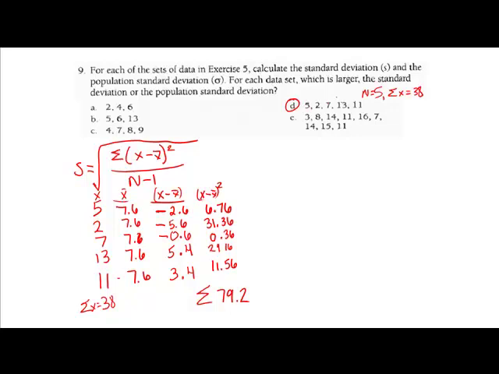I think I'm ready for my equation. So my sum of x minus x bar squared is 79.2 divided by n minus 1, so 5 minus 1 is 4. 79.2 divided by 4 in my calculator is 19.8.